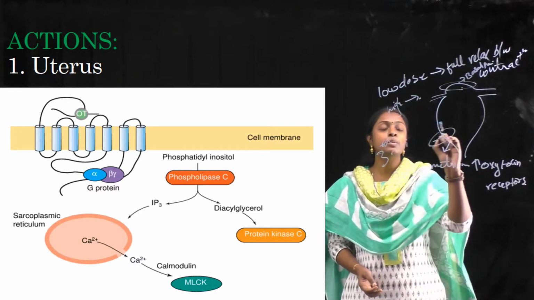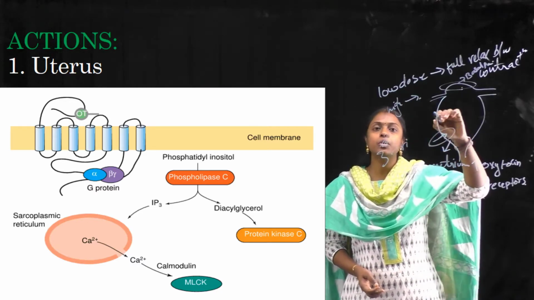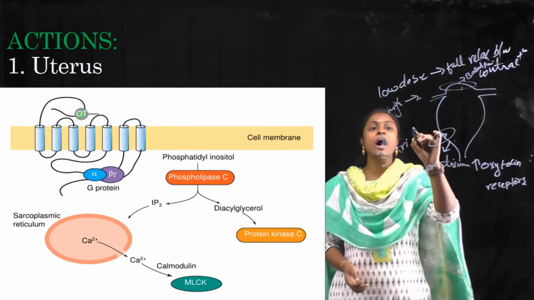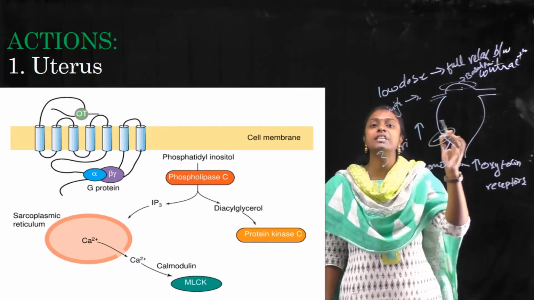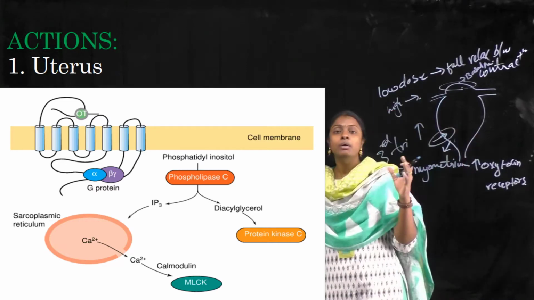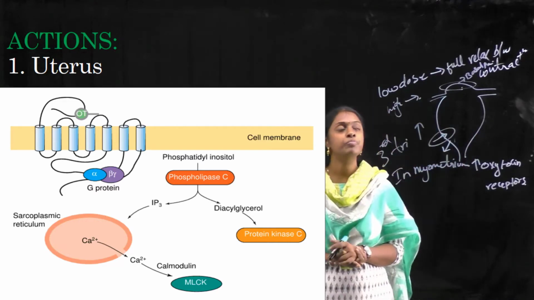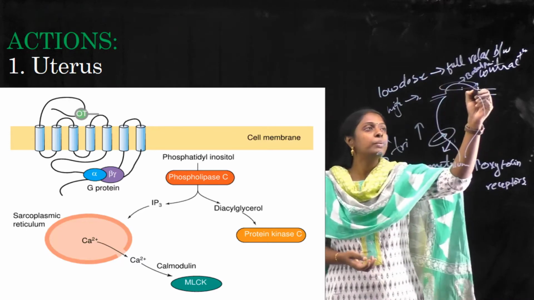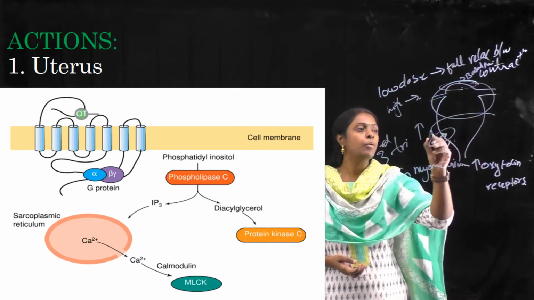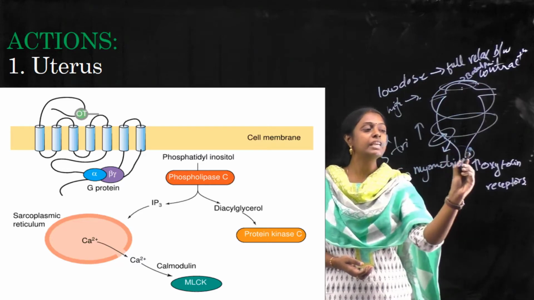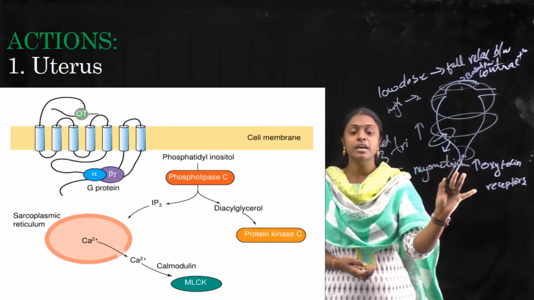That means it will show sensitivity in the uterus. This is when the oxytocin receptors start to increase in our myometrium, where the contraction will happen. This contraction will be near the fundus and near the body, but there won't be any contraction near the lower segment.